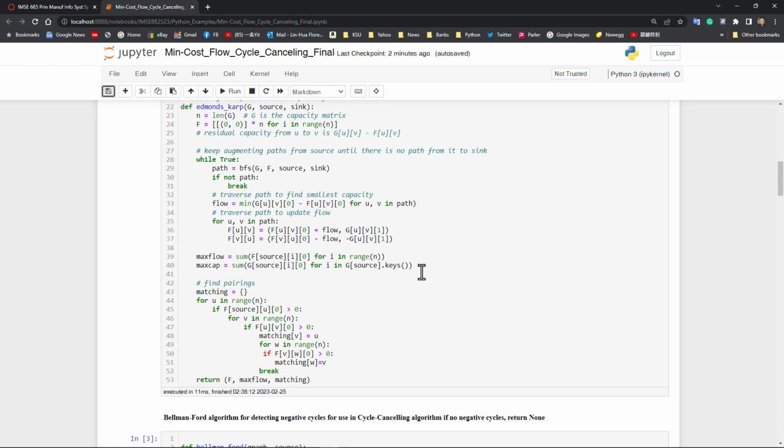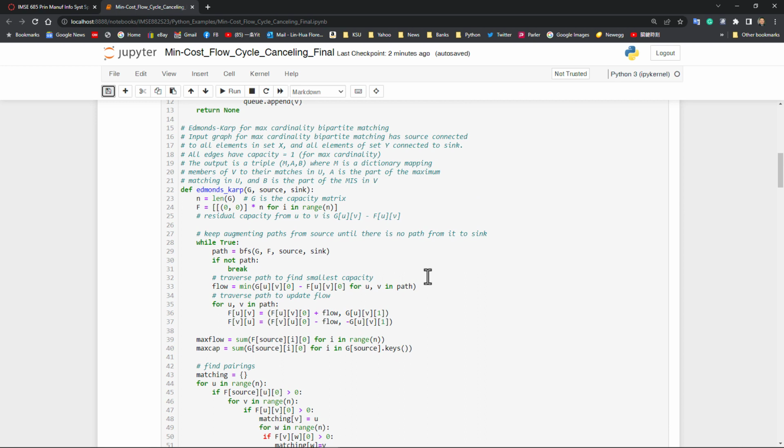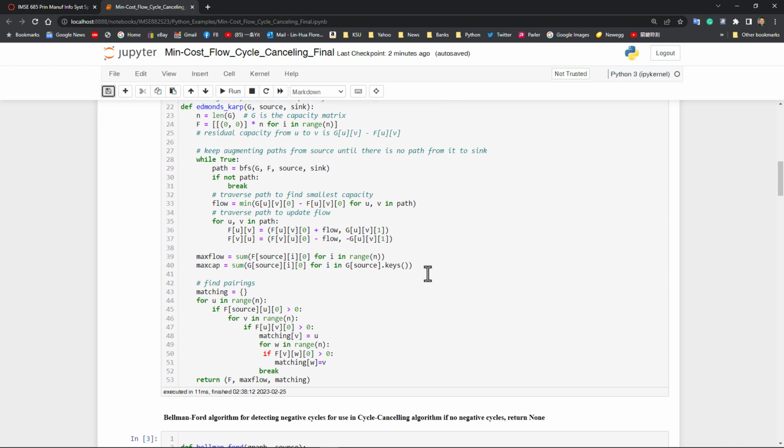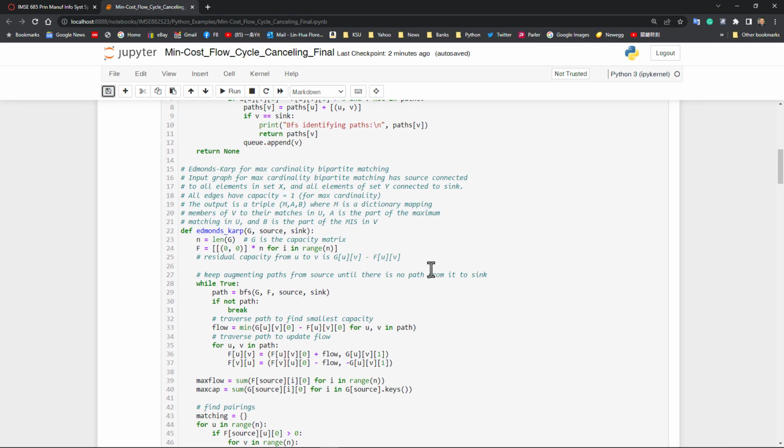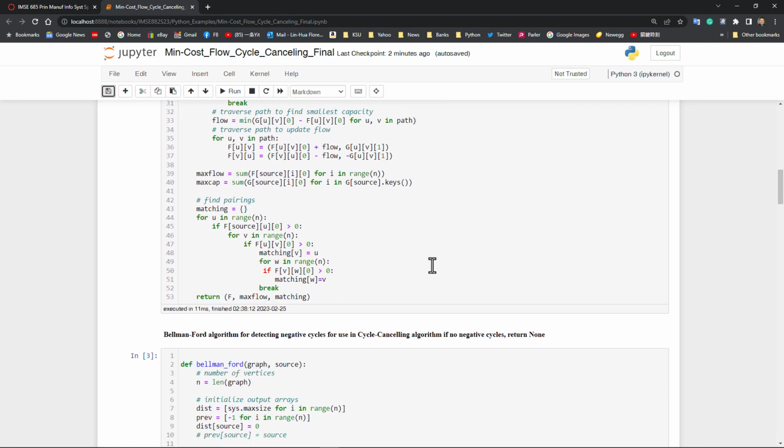We're going to go into the Edmonds-Karp algorithm in detail later, but here is the implementation I have, finding the maximum flow where the capacity on each arc in the network is only one. So it's basically a matching problem. It helps me find an initial basic solution for the minimal cost flow problem.